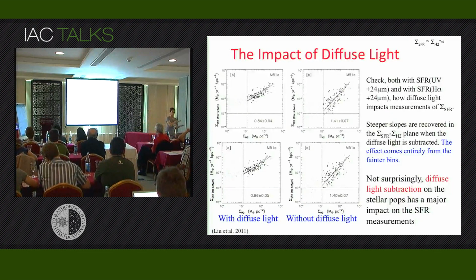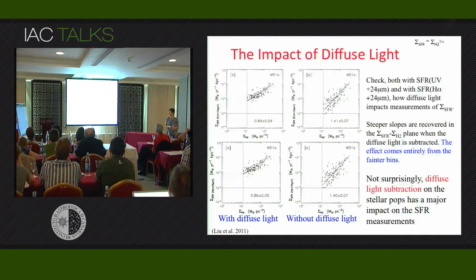So both measurements of star formation give you the same result, which is comforting because it tells you know what you are doing. It's even more comforting that once you remove the underlying light, you recover again the same slope, 1.41 and 1.40 in the two cases.